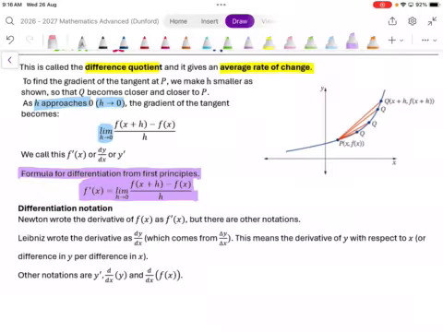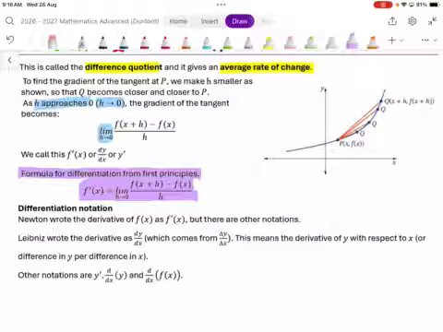So what we have is different differentiation notation. Like I said yesterday, we had two different mathematicians discovering calculus at the same time. One was Isaac Newton, and he wrote the derivative of f(x) as f dash x, but there are other notations, such as Leibniz, who wrote the derivative as dy over dx, which comes from delta y over delta x, which means the change in y with respect to the change in x.